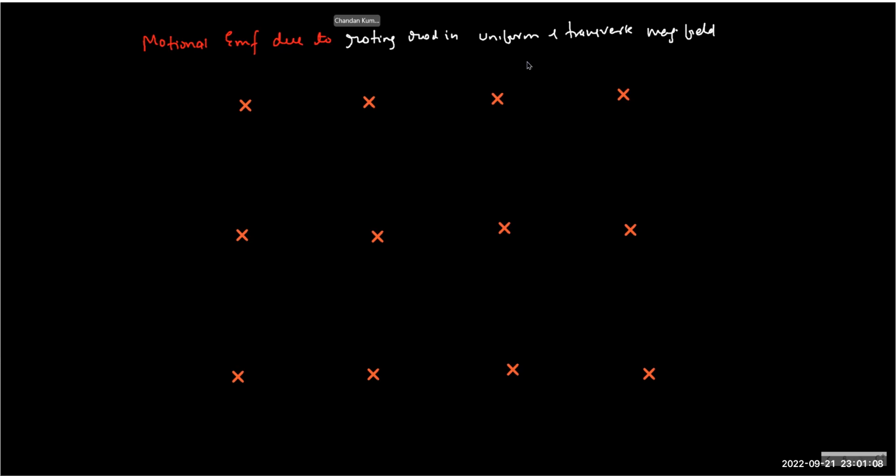And let's say this is the rod, and this rod about one of its ends is rotating with constant angular velocity omega. So here in the formula of BVL, the issue is B is constant, but as you move across the length of the rod, V will vary, correct?